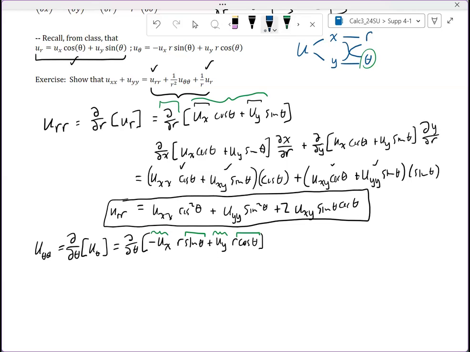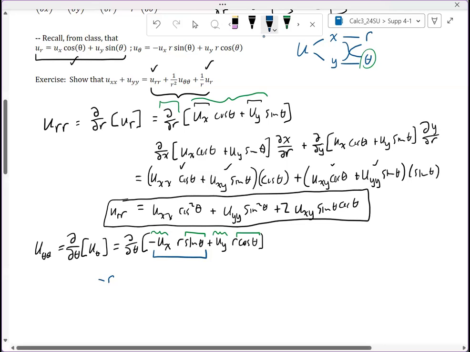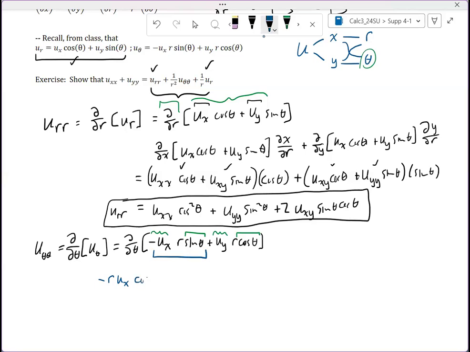Okay, so let's do this first term first. So this is going to give me, I guess, a negative r du dx times partial with respect to theta of sine theta. That is just cos theta.